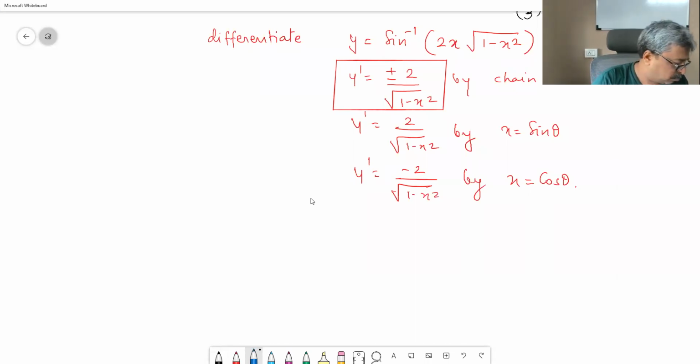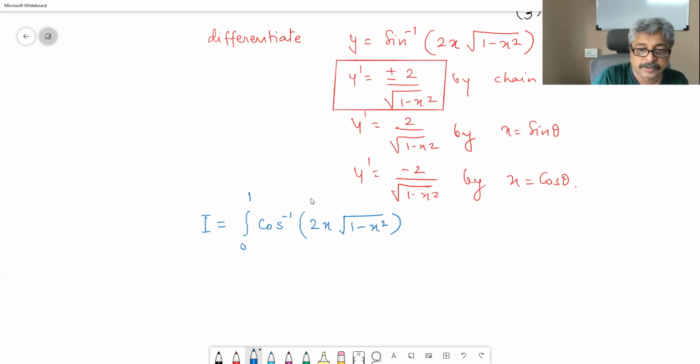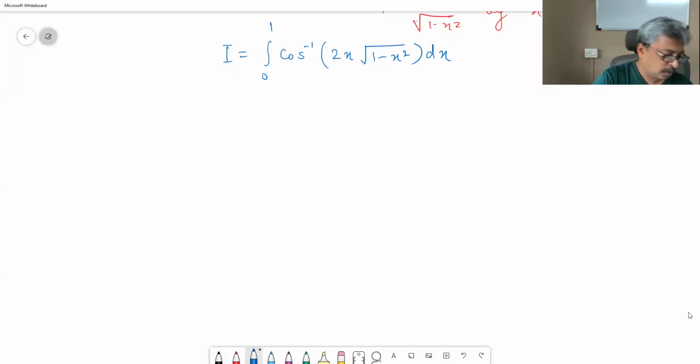Okay, but then more interesting is find this integral. Integral 0 to 1 cos inverse 2x radical 1 minus x square dx. Let us see how do you get it. Okay, let us start writing and find out. Let me do substitution.